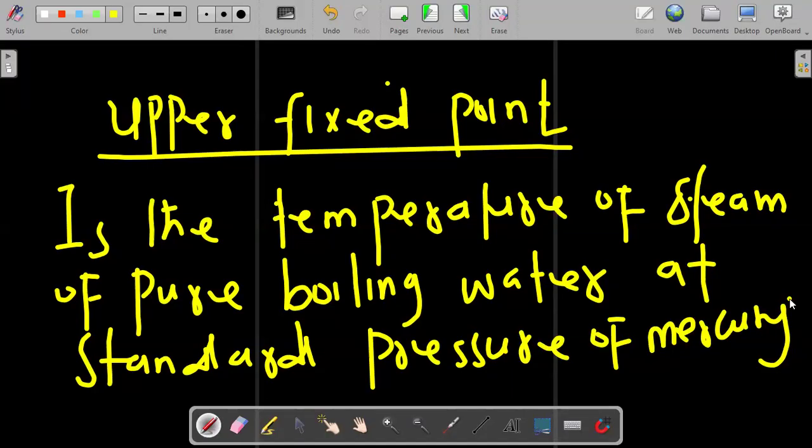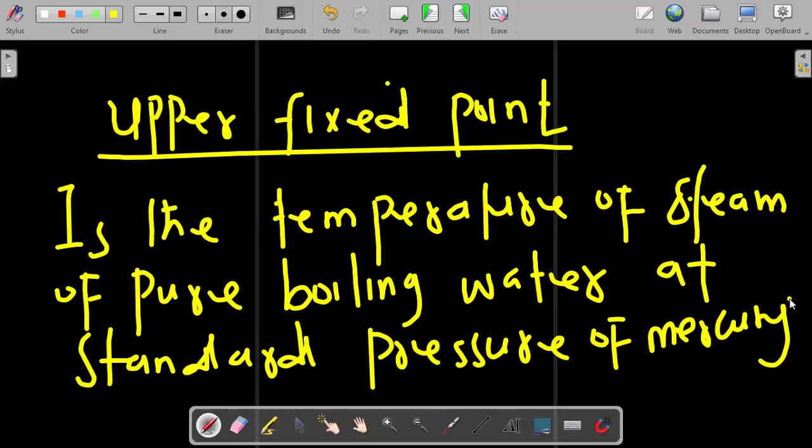The other one was about the melting of ice. This one is about boiling steam. When you heat water, you see smoke coming out of the kettle or the pot. What is that called? That is called steam.